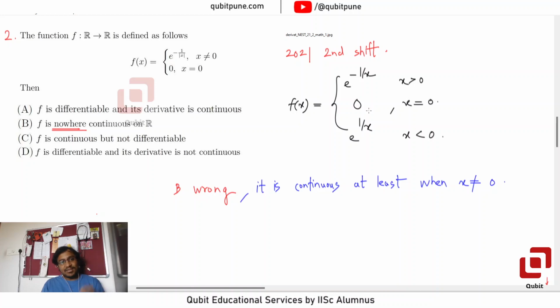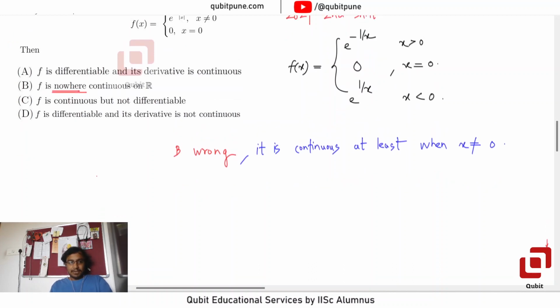Now let us see whether the function is continuous at x equal to 0. Let us check if f is continuous at x equal to 0. We can argue like this. Let us find RHL first.